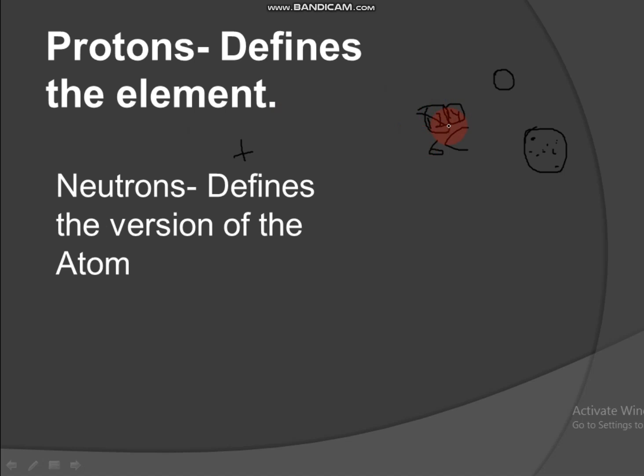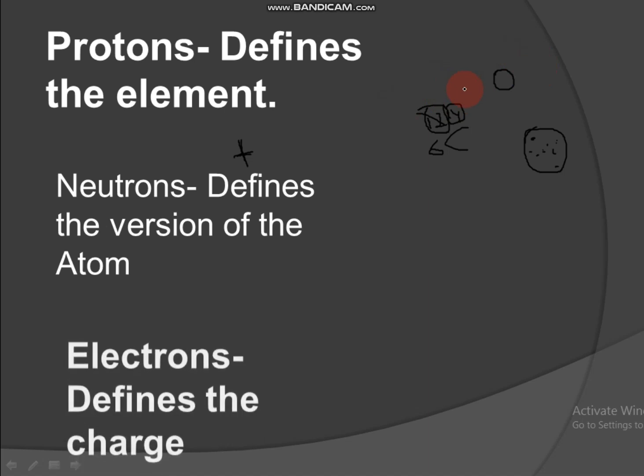So this is the version. I am writing the version: protons plus neutrons, you write it as the version. So there are 12 things in the nucleus. That means I have written 6 plus 6 is equal to 12 things in the nucleus. So this version of carbon is 12. If there are 14 things in the nucleus, this would be carbon 14.